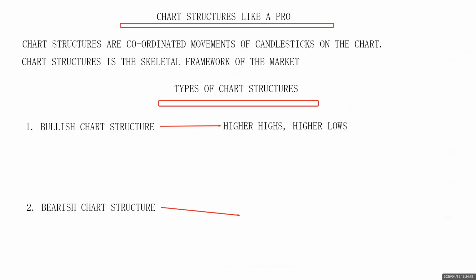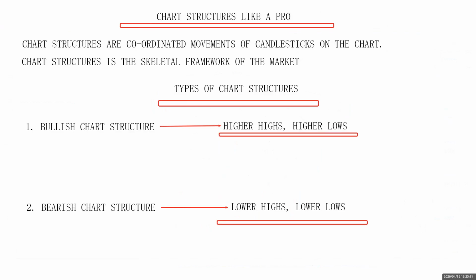Then the bearish coordination entails what? Clear structures of lower highs and lower lows. Okay, so the bullish chart structure entails clear structures of higher highs and higher lows, just like we said, and the bearish chart structure contains clear structures of lower highs and lower lows.